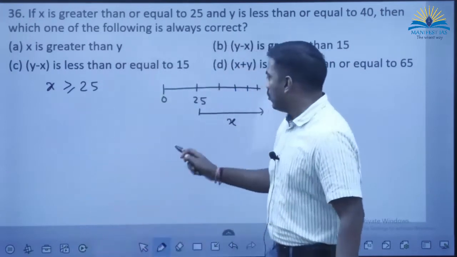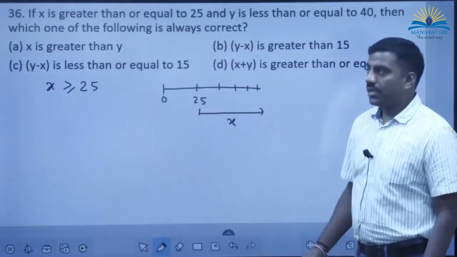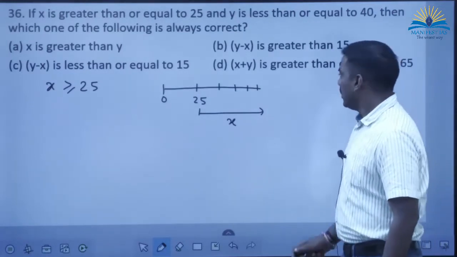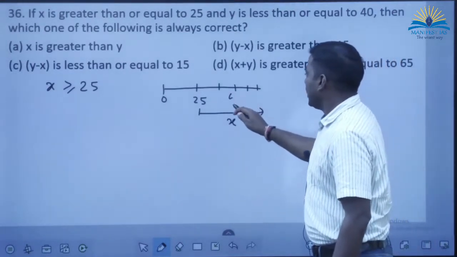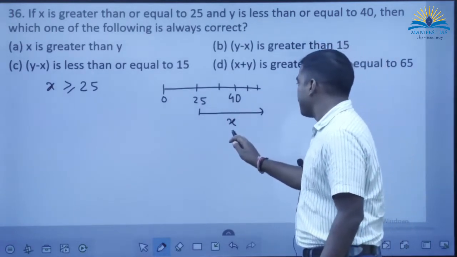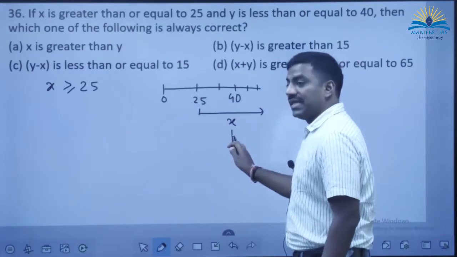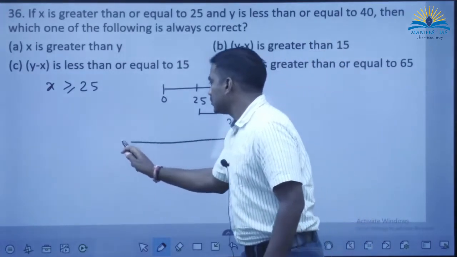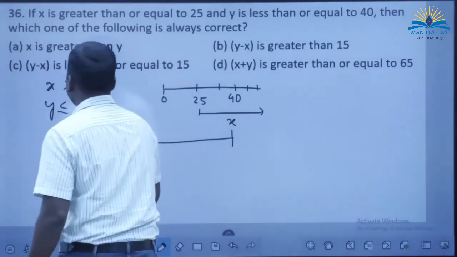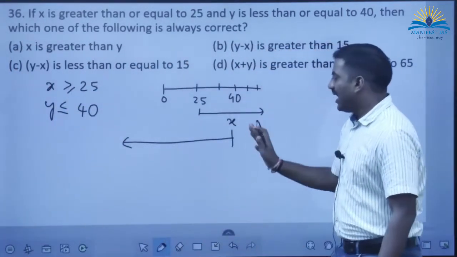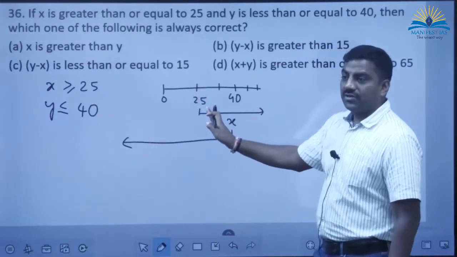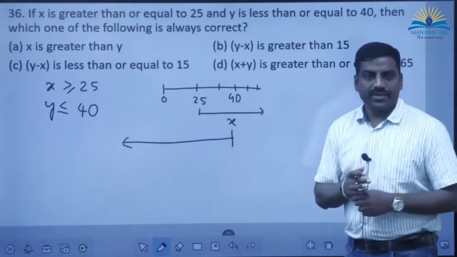It can assume any value from 25. Then y is lesser than or equal to 40. Let us assume this as 40. 25. Y's value is lesser than or equal to 40. Y's range will begin from here and goes left. X range will begin from here and goes right.